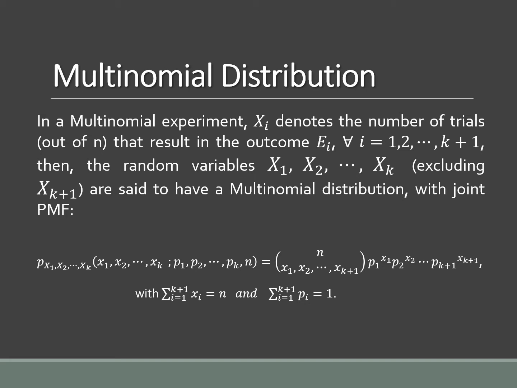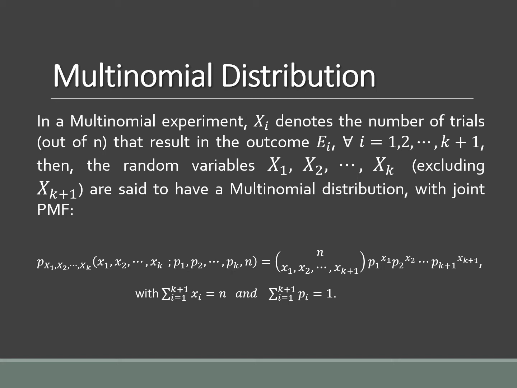But here, in our definition, we will be having k plus 1 number of categories. That is why we are including X sub k in the listing of random variables. So, if we have this sort of experiment, then we have the multinomial distribution, which is a joint probability mass function given by the equation below.